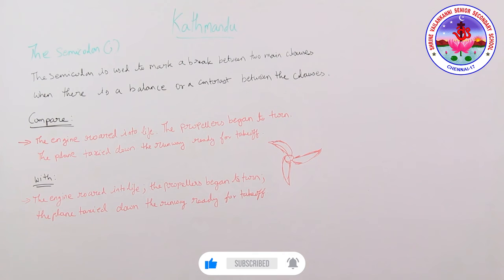Now children, it's just like where you add a comma after listing certain things, like I've used the colors red, comma, yellow, comma, blue and green. But here you can see it is a very big sentence. The engine roared into life is a sentence.